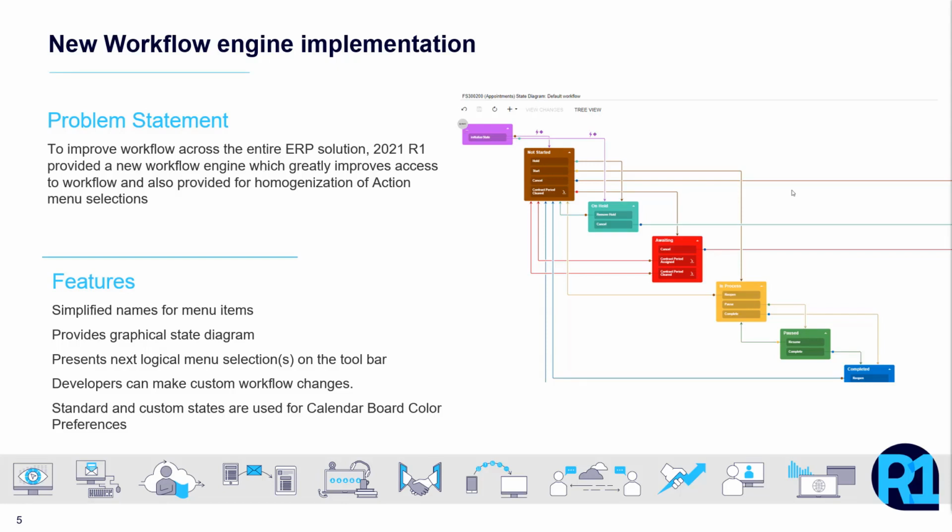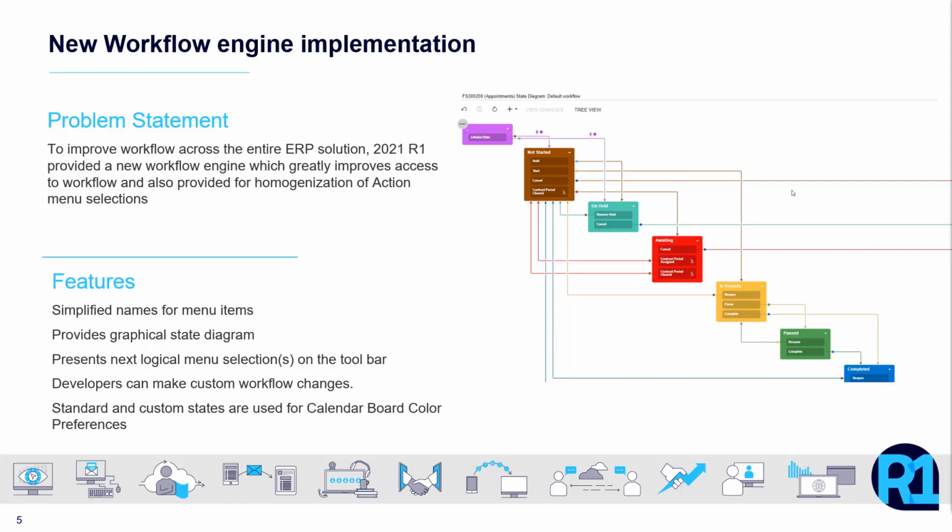We also have the ability to pull this graphical state diagram out of an appointment or a service order to be able to use it for training or to understand the menu cascade that is used to move a transaction from one state to another.